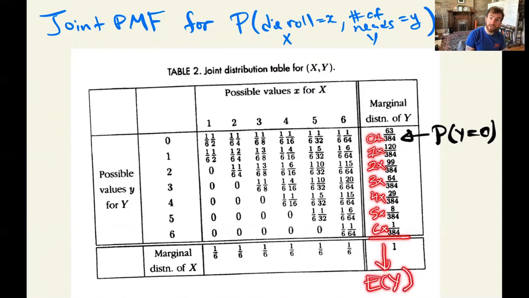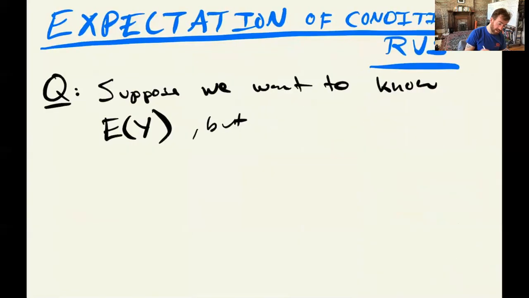Now, I'm going to show you another way of doing this that's actually a lot faster and simpler. And it uses something called the Law of Iterated Expectations.